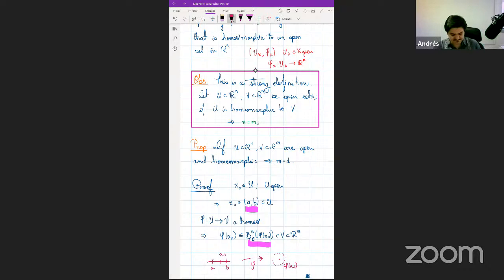Now, think about the interval A comma B. In there, you have the point X naught. If in the interval A comma B, you remove X naught, what do you get?